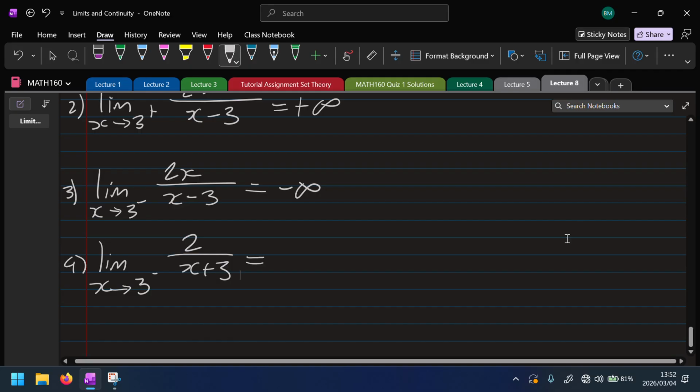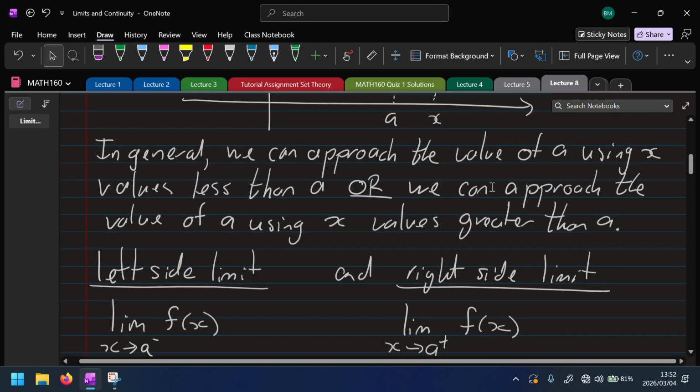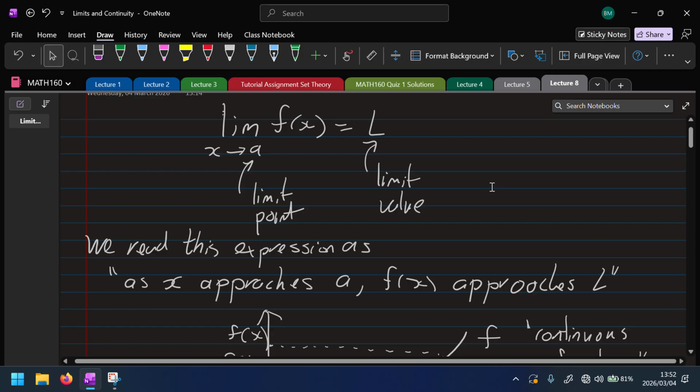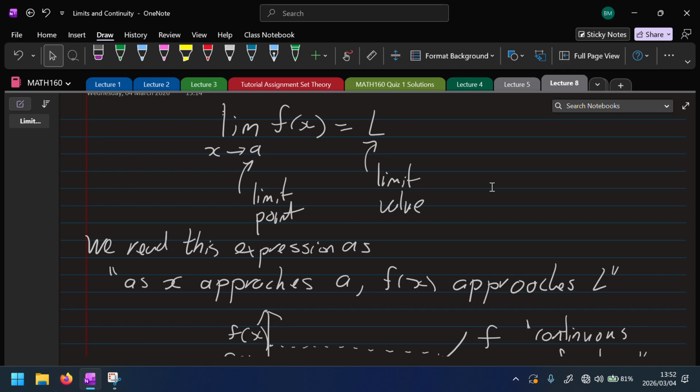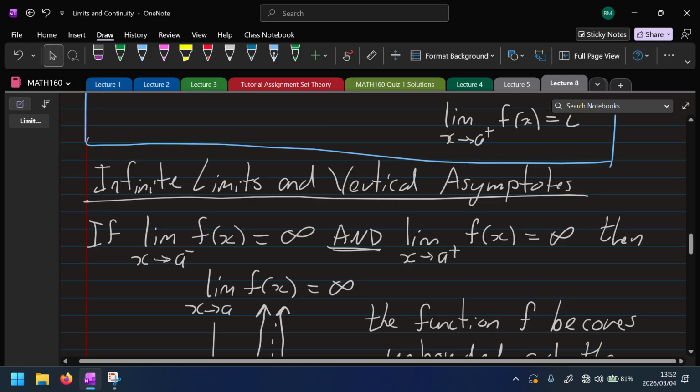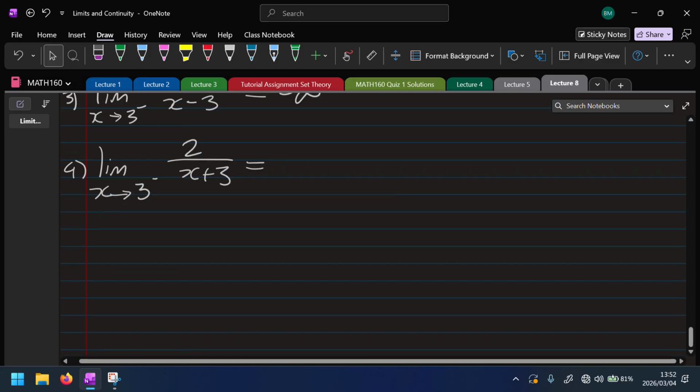Look at the definition we said here: as x approaches a, f of x approaches L. The bottom part was approaching 6. So the limit is 6. Let's go through it one more time.